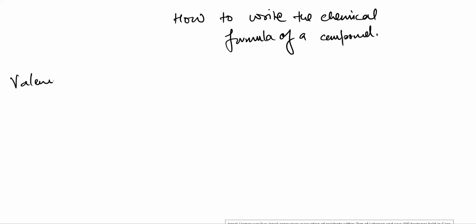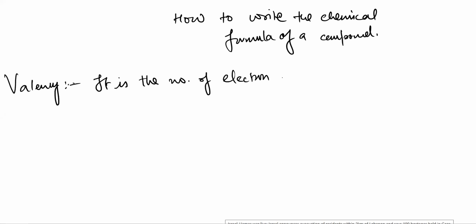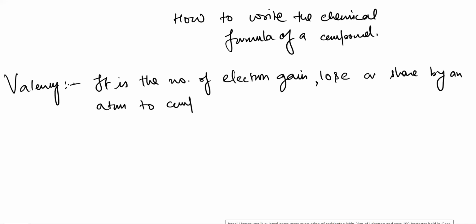What is valency? We can say that it is the number of electrons gained, lost, or shared by an atom to complete its octet or duplet.